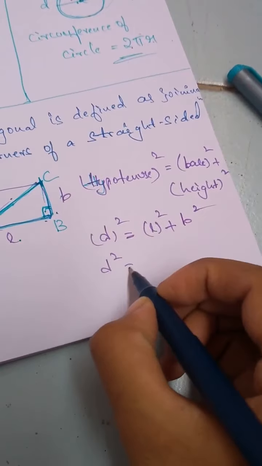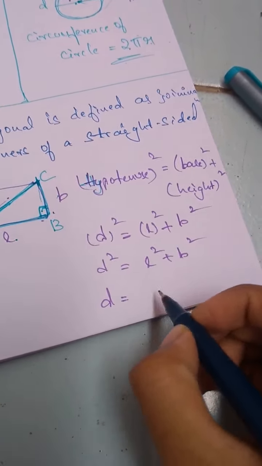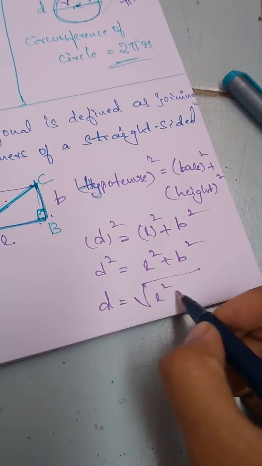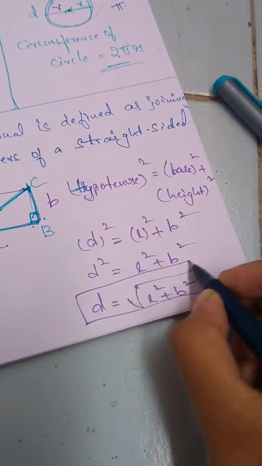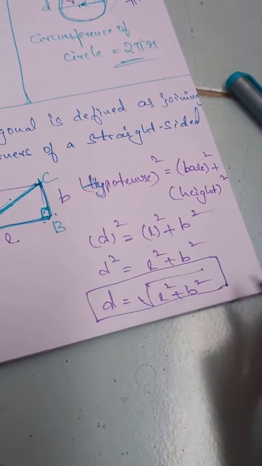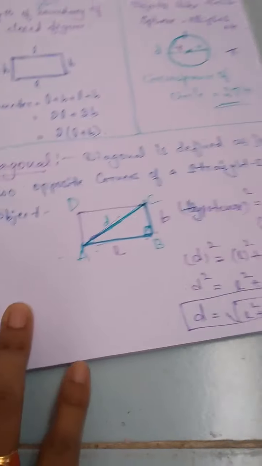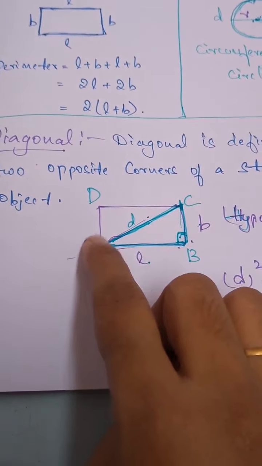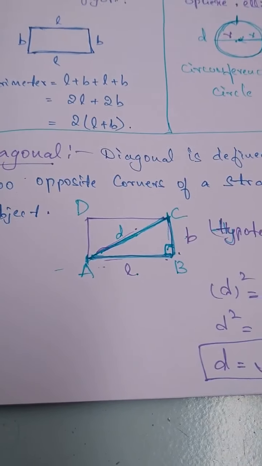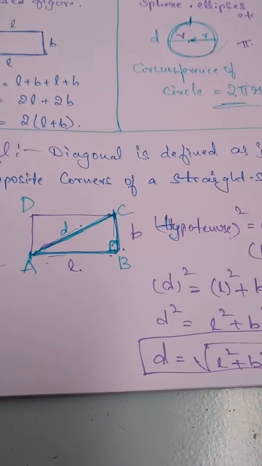So d square equals l square plus b square, where d equals square root of l square plus b square. This is the diagonal of a rectangle. So if you want to find the diagonal, draw the joining of the two opposite corners of any straight-sided object and then find the diagonal.